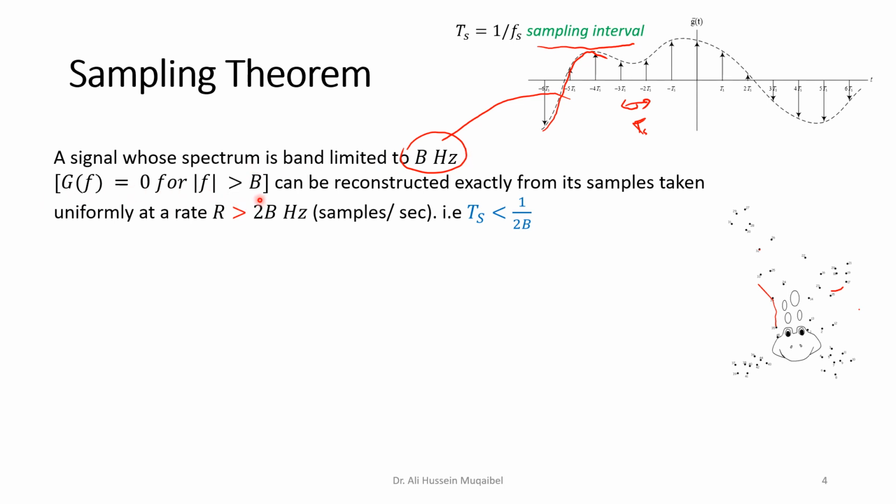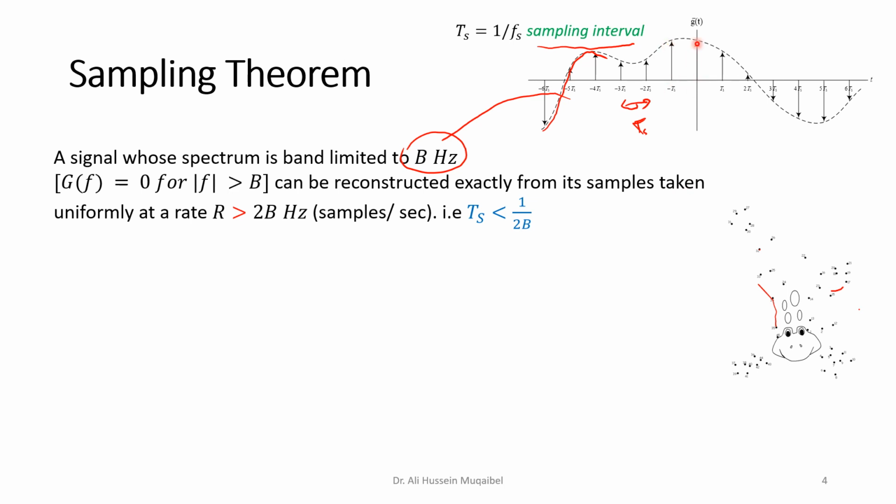It means that the spectrum, the frequency representation of the signal, equals 0 for values of frequency greater than the limit, which is B. So band limited to B hertz is equivalent in math to saying the frequency representation equals 0 for frequencies greater than B or less than minus B. Nyquist says if your signal is band limited, we can reconstruct the signal exactly from the samples.